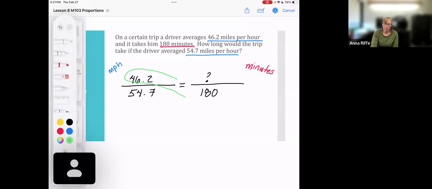I'm going to multiply those two numbers in the diagonal where there are no variables. So the number of minutes that it will take is 46.2 times 180. And then I'm going to divide by that remaining quantity of 54.7.